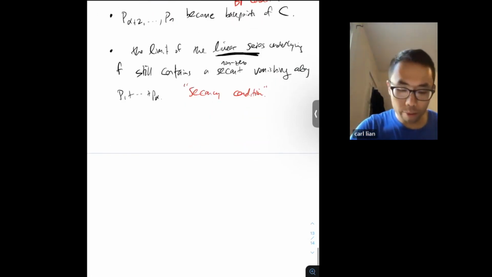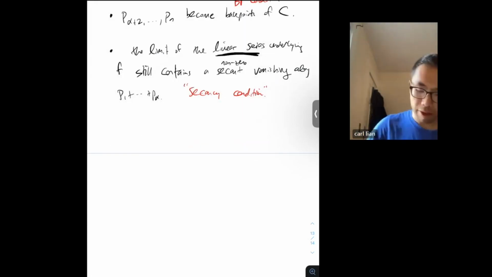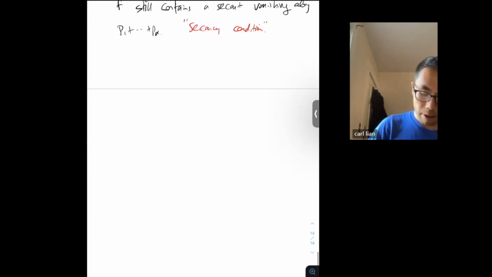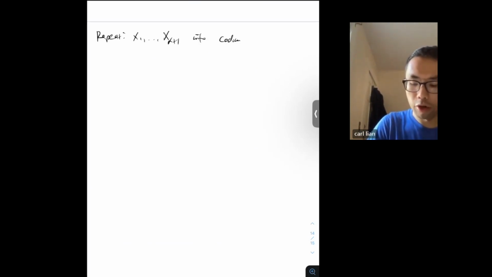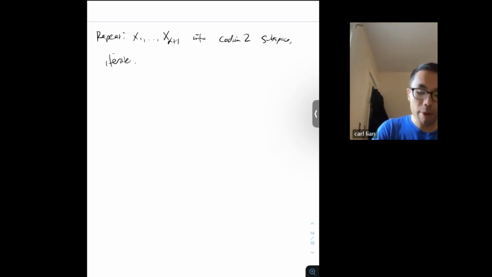And then, okay, I realize I'm out of time, but let me just say what happens in the end. Now when I get to this point, I have a map in H, and then I repeat. So now I move x1 through x alpha plus 1 into a codimension 2 subspace, and then I iterate. And what will happen in the end, I get two things.